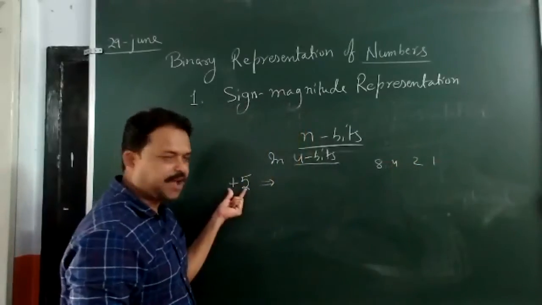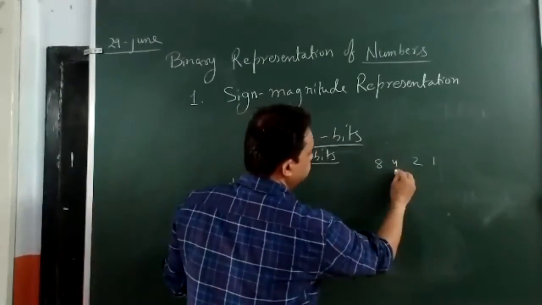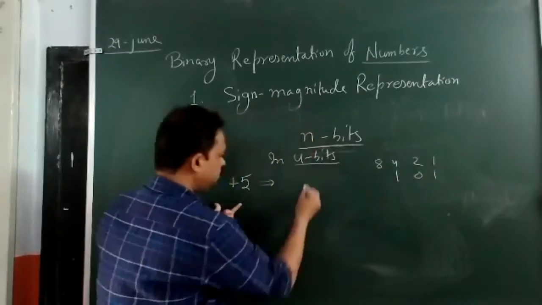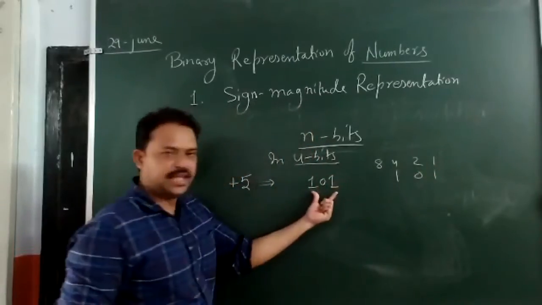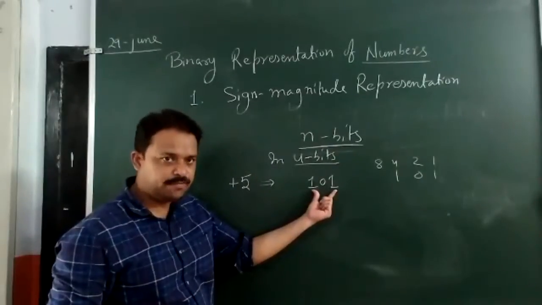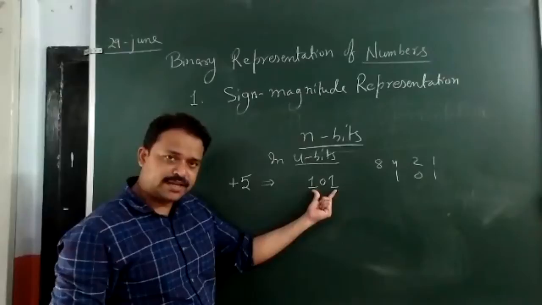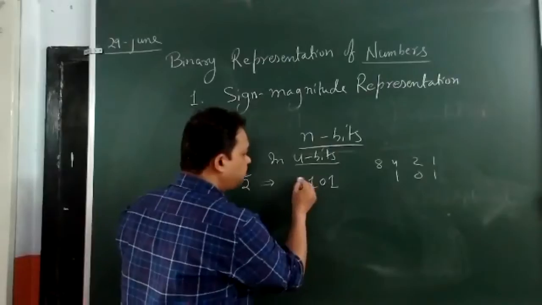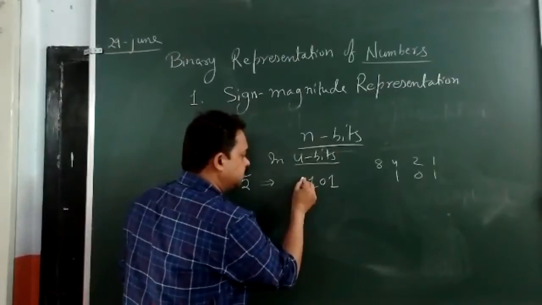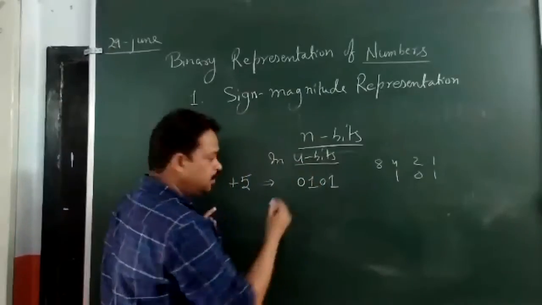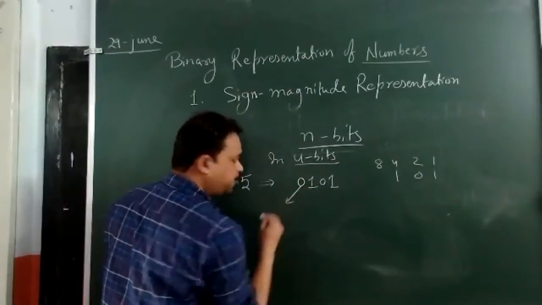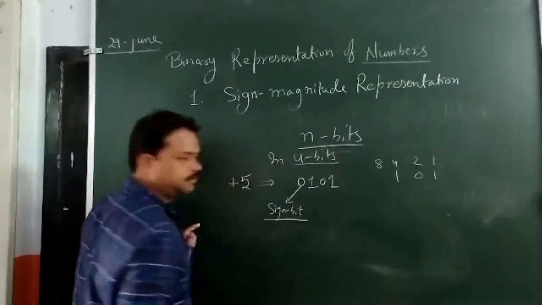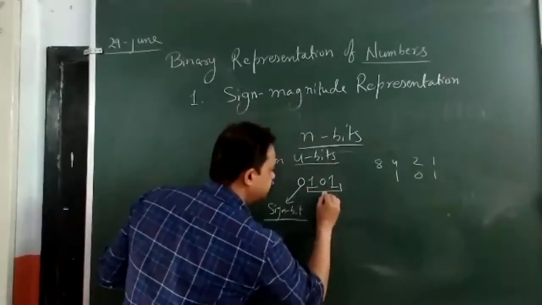You want 5, so 101. 101 is the magnitude, the value of 5. Since you have to represent this value 5 in 4 bits, here I am going to put one more bit: 0. Now this bit is going to represent the sign bit, and this is going to represent the magnitude.